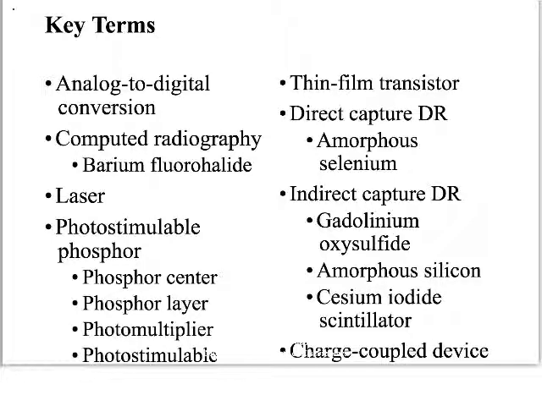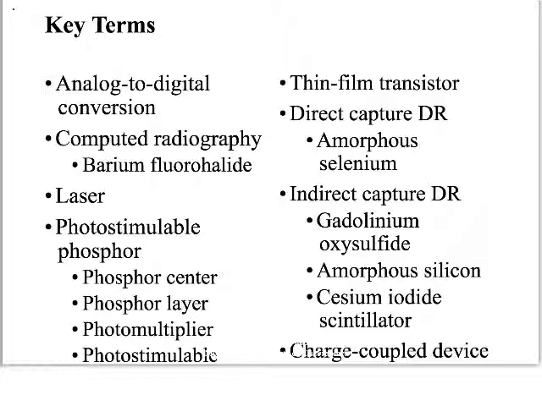And the way that phosphor works, the way that barium fluorohalide works, is it has a phosphor center, phosphor layers, and then we use a photomultiplier to capture its photostimulable luminescence. When you scan it with a laser, it gives off light, in other words. On the opposite corner, I've got the stuff more related to digital radiography. So thin film transistors, sometimes abbreviated TFT, thin film transistors.